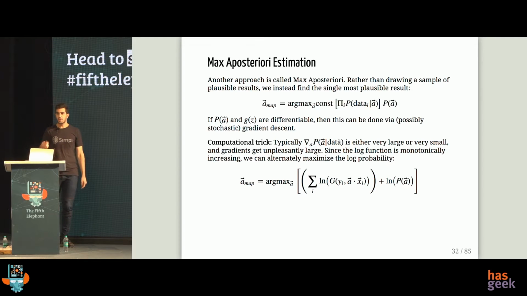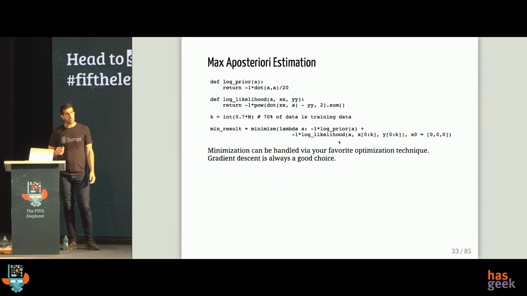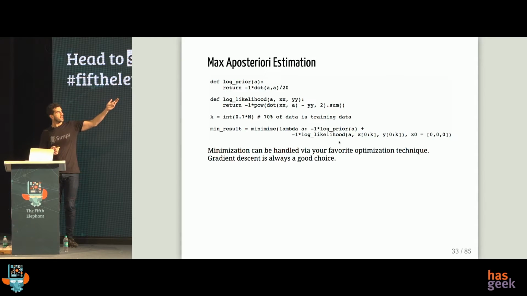As a computational trick, we usually take the log, because the actual functions will be very sharp, whereas the log will be much smoother, and so all your optimization algorithms will actually work. In code, we're essentially doing this. We define our prior and we define a log likelihood. That K is just training versus test.